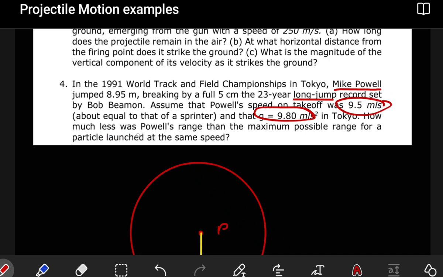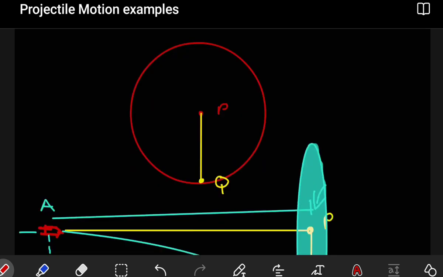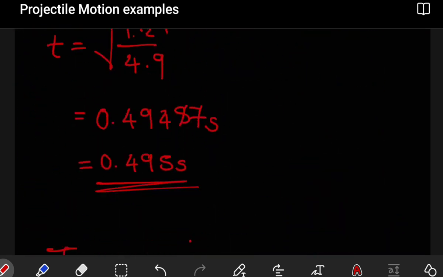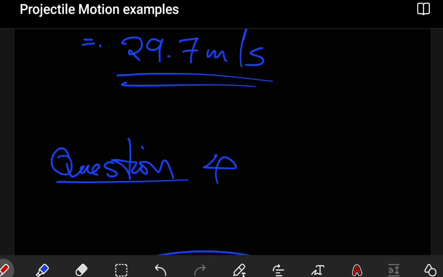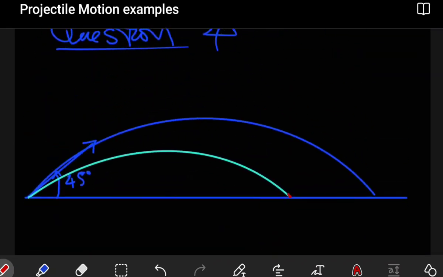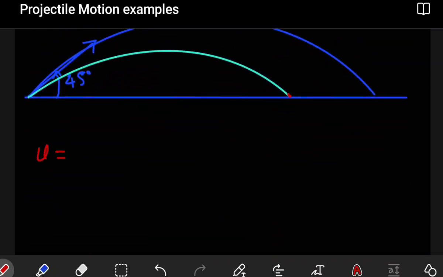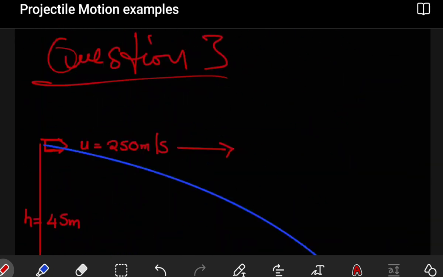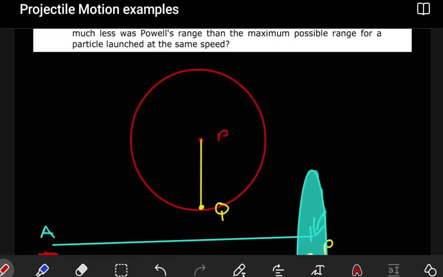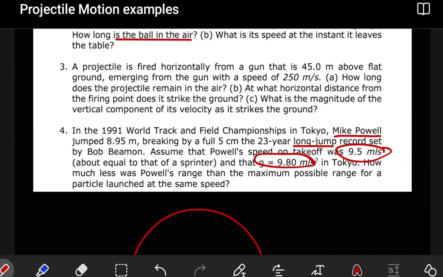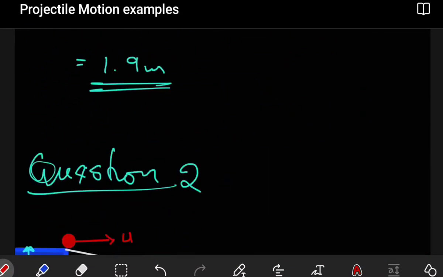How much less was Powell's range than the maximum possible range for a particle launched at the same speed? So let's start with the maximum possible range. Since he jumps off with an initial velocity of 9.5 meters per second.